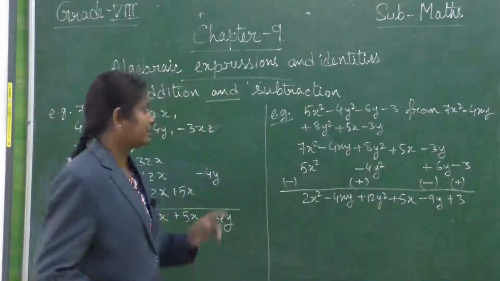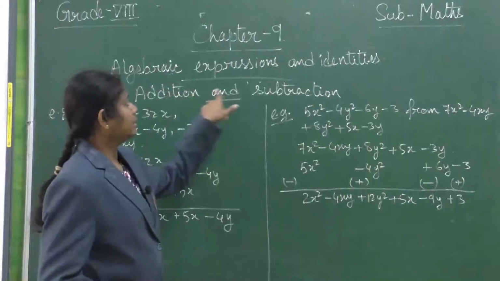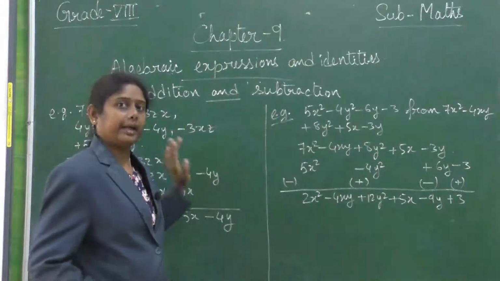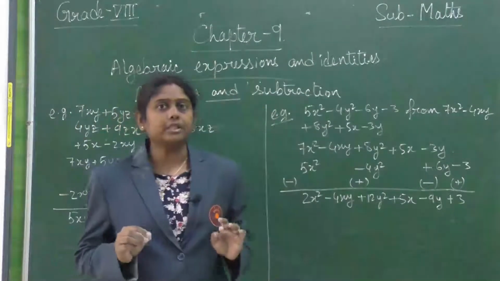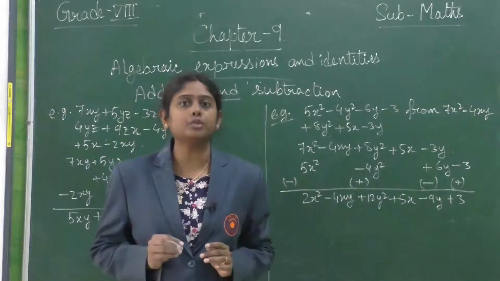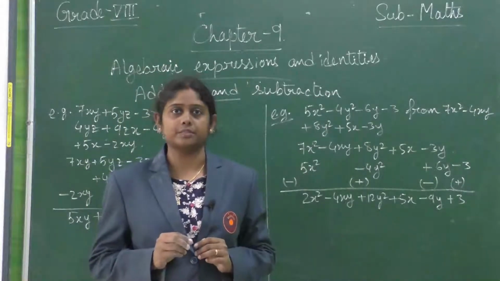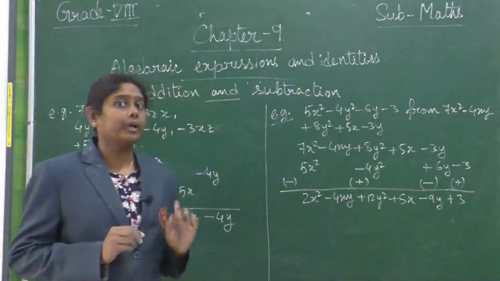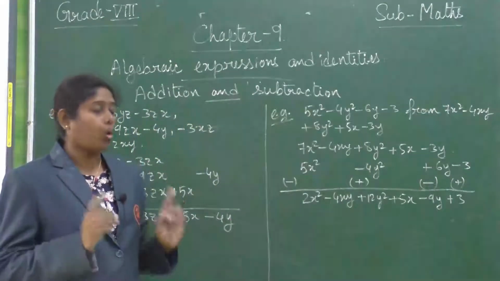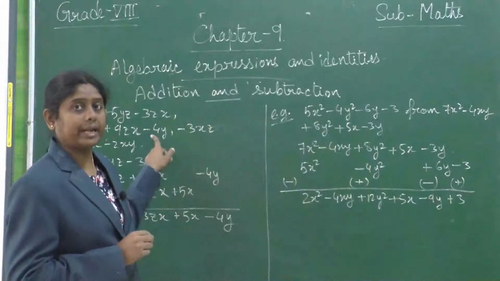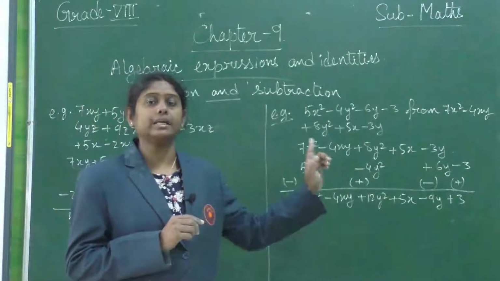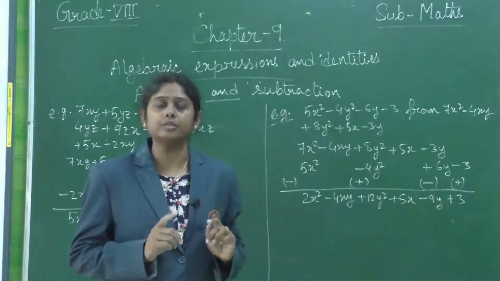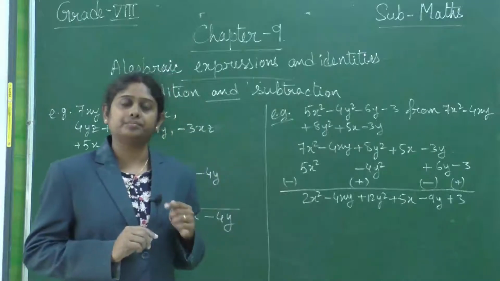Our next topic is additions and subtractions of expressions. First, we need to know the steps of additions and subtractions. First step, we have to arrange all the algebraic expressions row wise and all the like terms one after one.